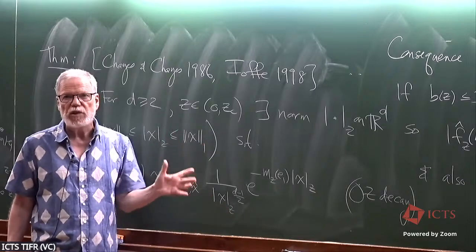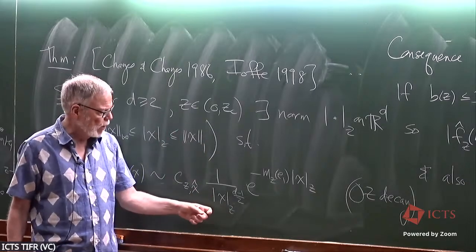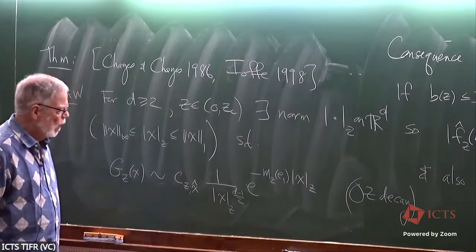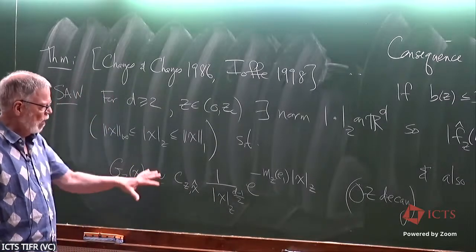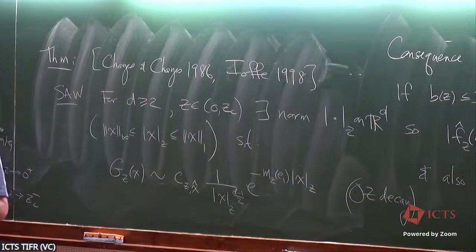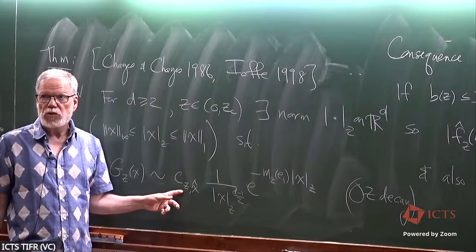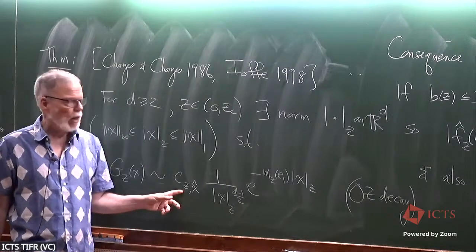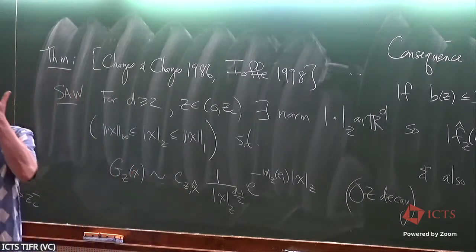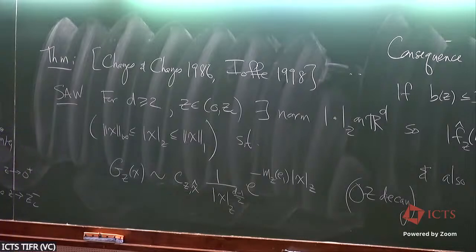Well, for d equals 3, they're the same, but that's kind of a fluke. They're different. And so this is not properly describing what's happening in the joint limit as x goes to infinity and as z goes to zc. In other words, this constant has to be doing something dramatic as z goes to zc. And this project that I've been working on with Yucheng Liu is all about that.